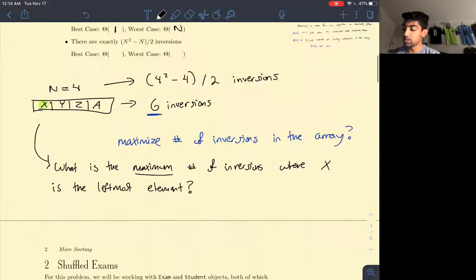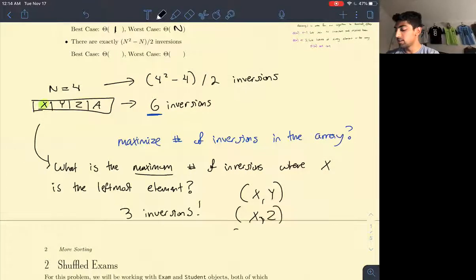Okay, so we notice that there are 3 of these inversions, right? xy, xz, and xa.